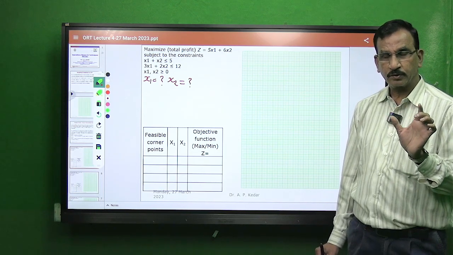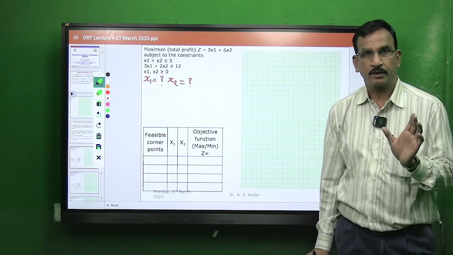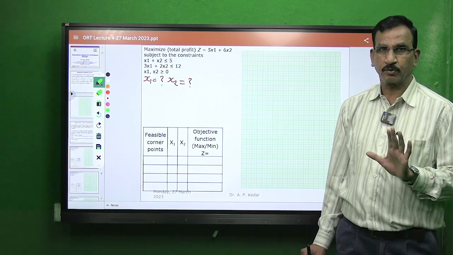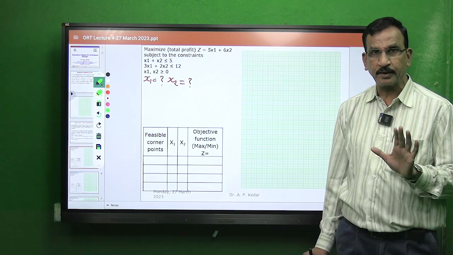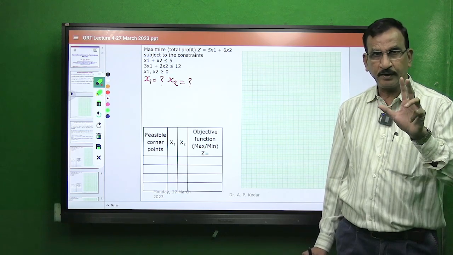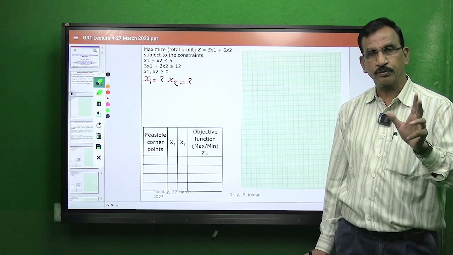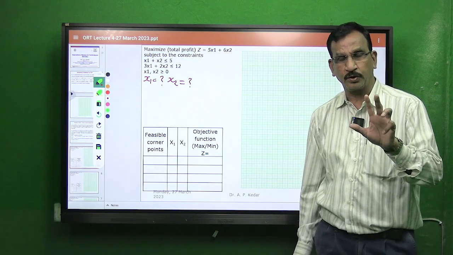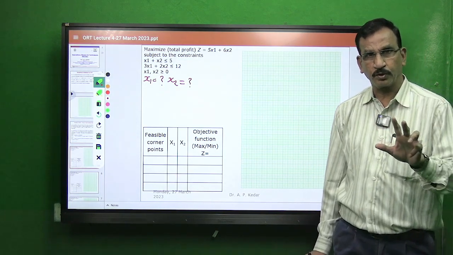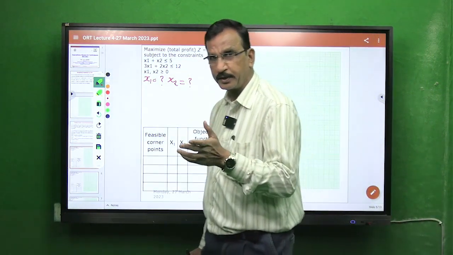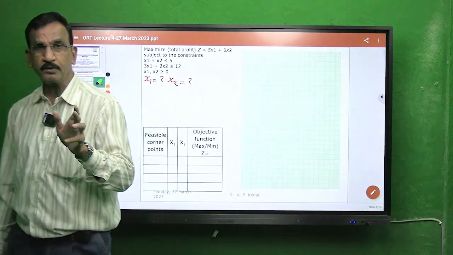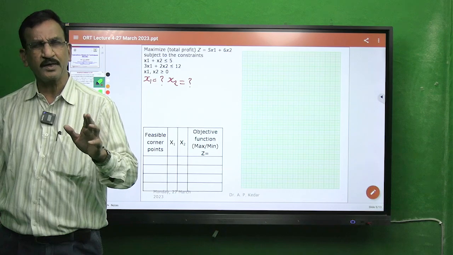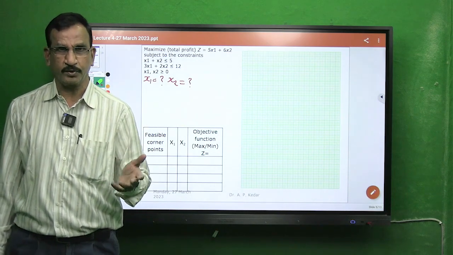So I can plot this line x1 plus x2 less than or equal to 5 on the graph paper, provided I find two coordinates. We know that for drawing any straight line, we need two coordinates, two points, say point A and point B, and for each point we need x1 and x2 coordinates, or x and y coordinates.